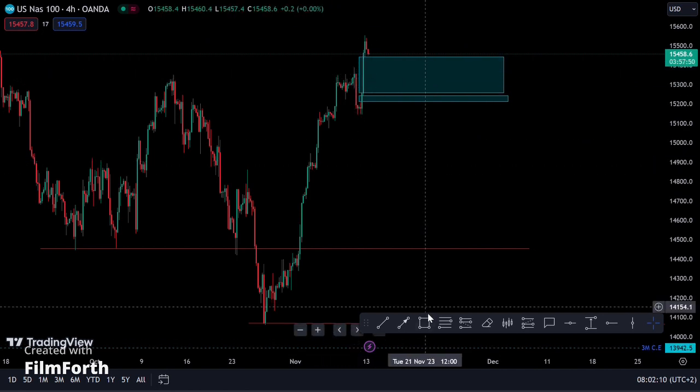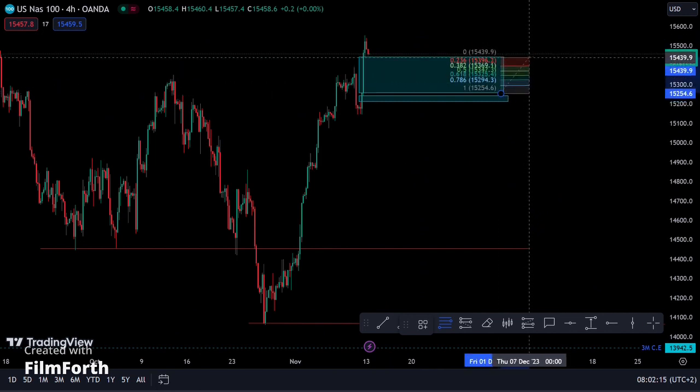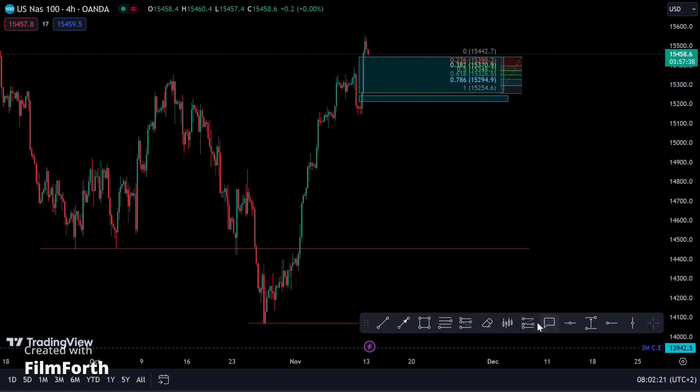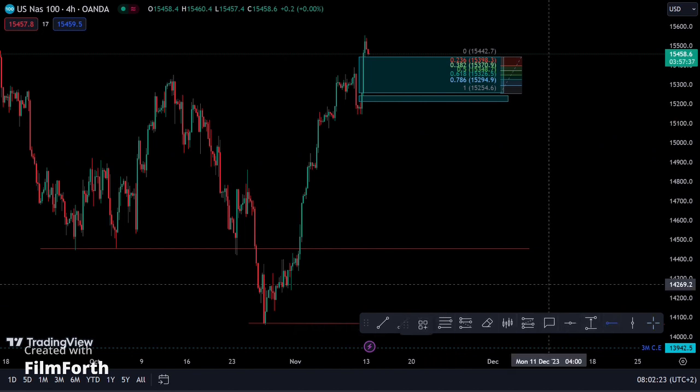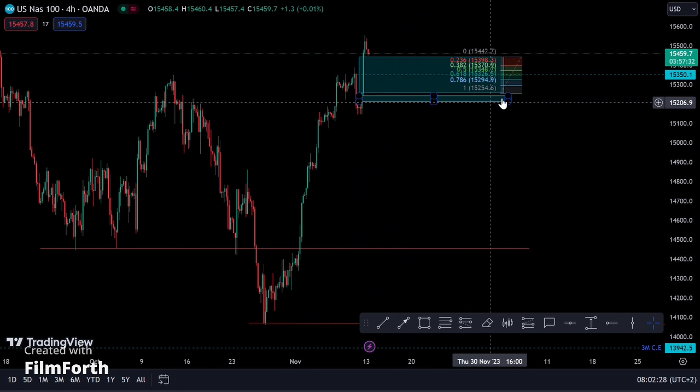So here, let's find the consequent encroachment of this area. You see?